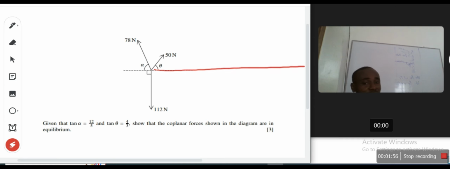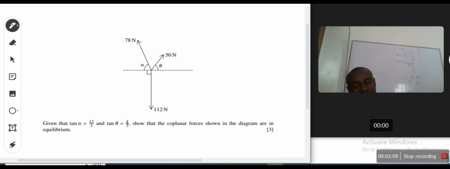Total forces to the right must be equal to total forces to the left. Or you can even say the vector sum of the forces in any direction is equal to 0.